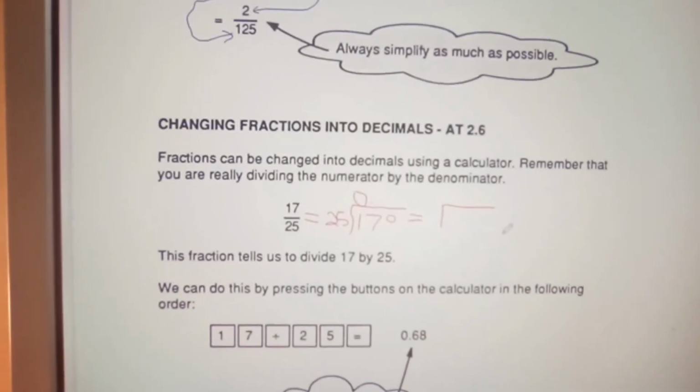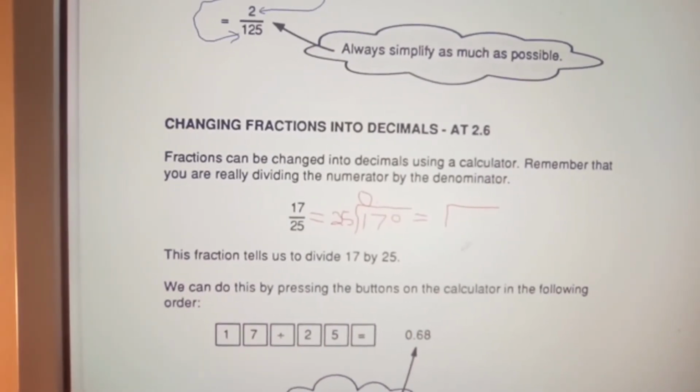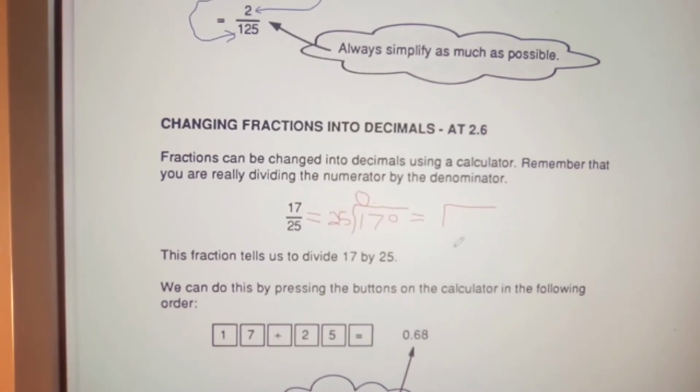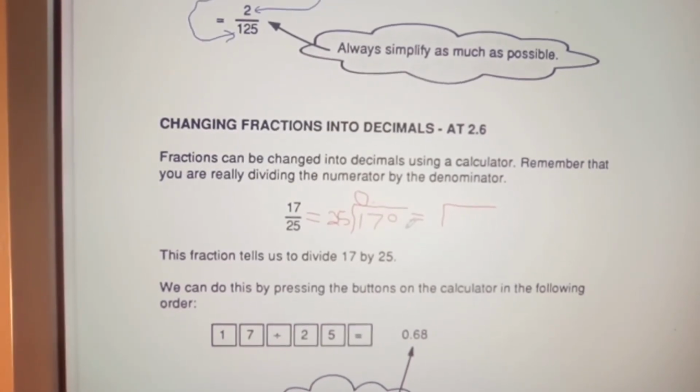Now, we know 25 into 100 goes 4 times. 25 into 50 will go twice. So 4, 5, 6 times. So we know here 25 into 170 will go 6 times.